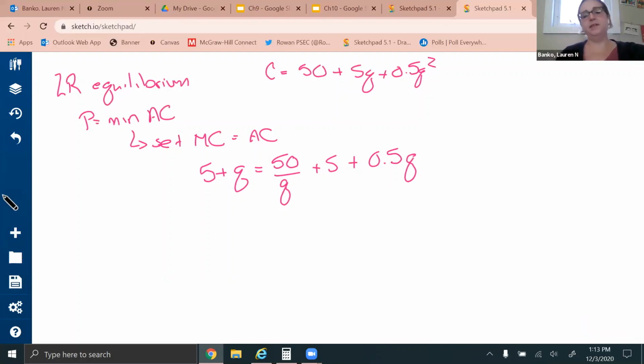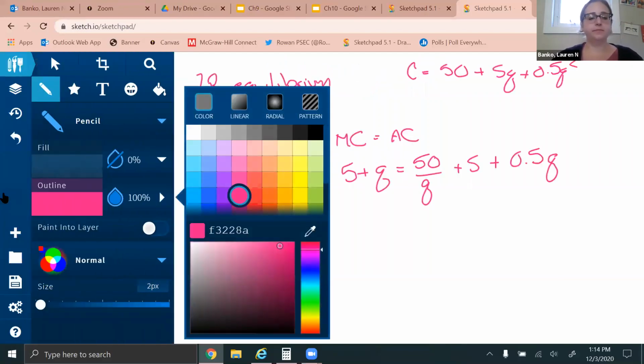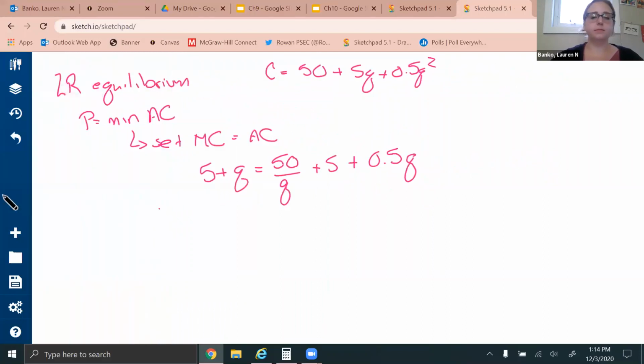And using this, we can find that quantity in the long run and use that to find that long run price. So just for color, these 5s here, they're going to cancel each other out.